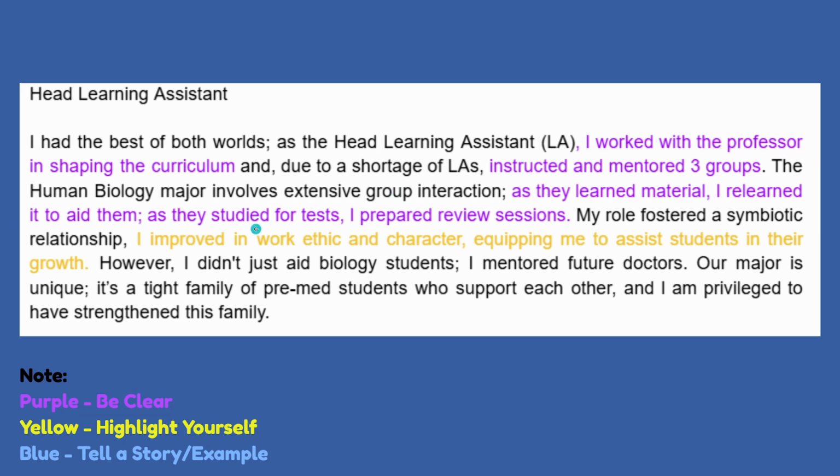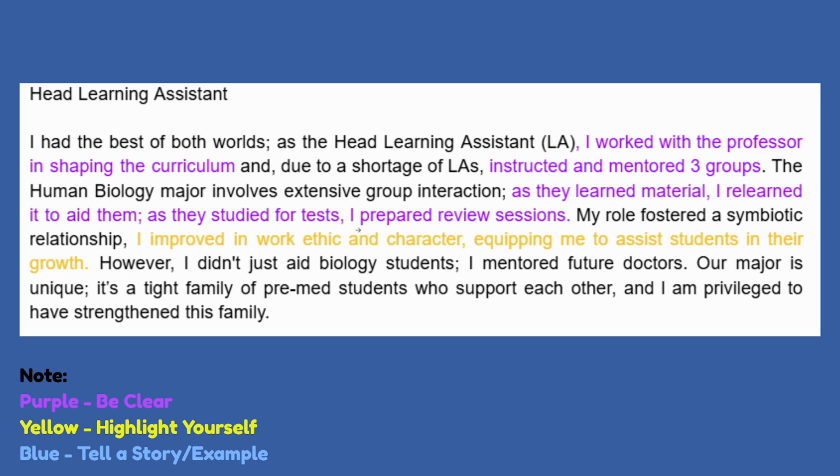Moving on to the line in yellow, I improved in work ethic and character, equipping me to assist students in their growth. This is highlighted in yellow because I'm highlighting myself. This serves to showcase my growth. I just talked about the work I did as a mentor in the previous sentence, and now it's time to tell the reader how that work has better shaped me.